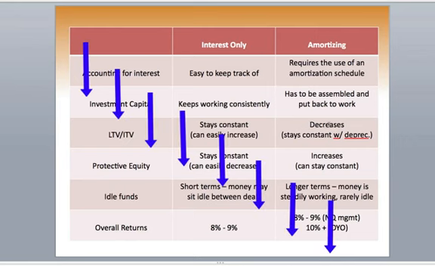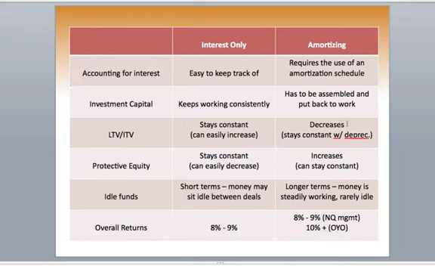With every payment, it's getting a little safer because you have less of your principal at risk. And even if prices in real estate drop a little bit over time, your ITV, investment to value, will stay constant because the principal is decreasing even as prices of the property are decreasing.